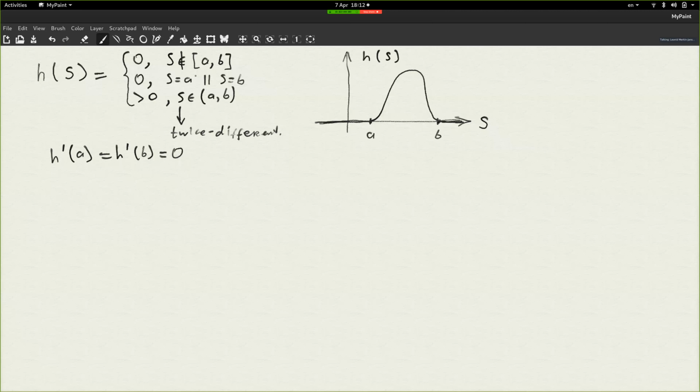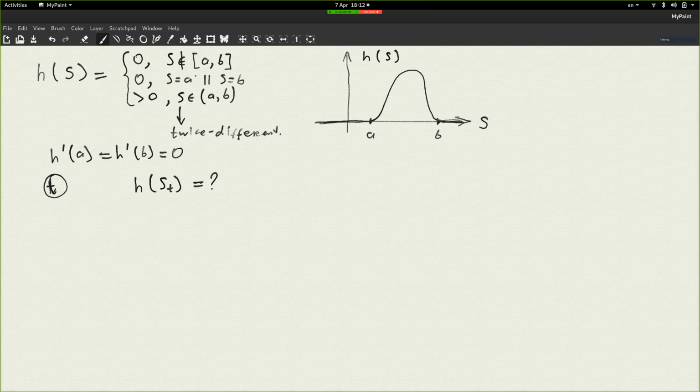The second thing we would like to do is to consider some time t, and I'm interested in what h of S_t is going to be.